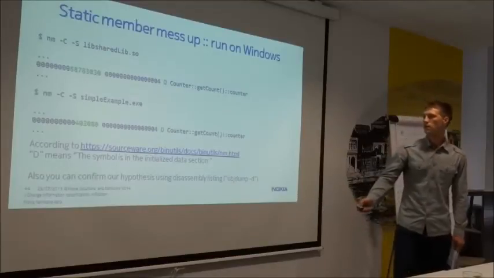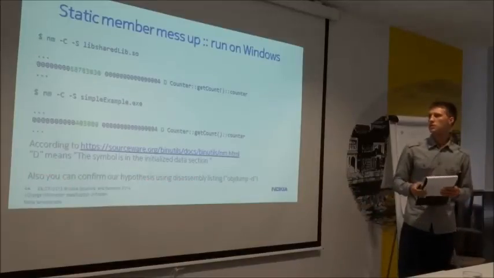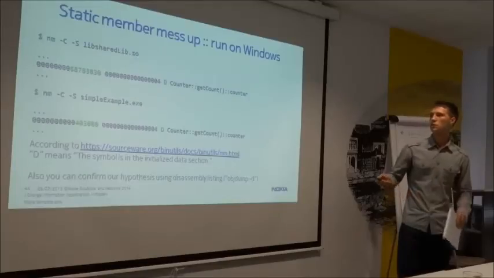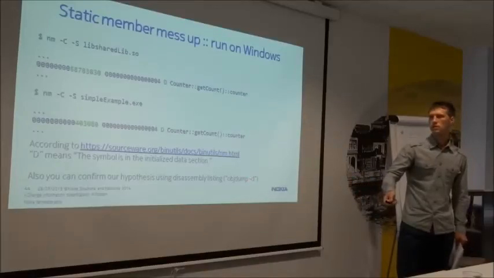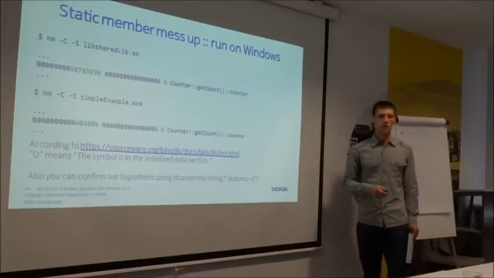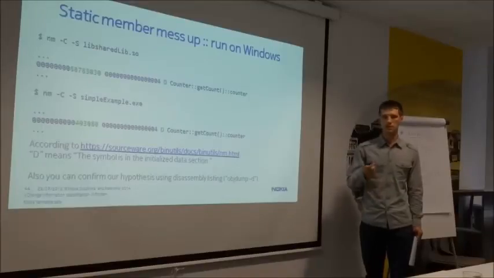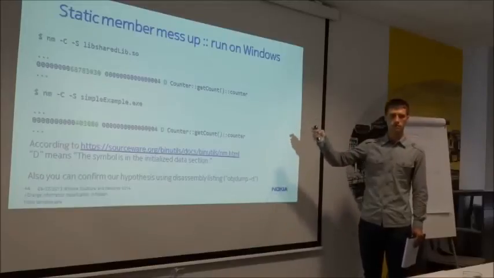Also, I put this note. There is a little bit complicated way to prove that exactly those pointers, those values, are used, using disassembled code as we did for the example in the first part when we were analyzing assembly code.